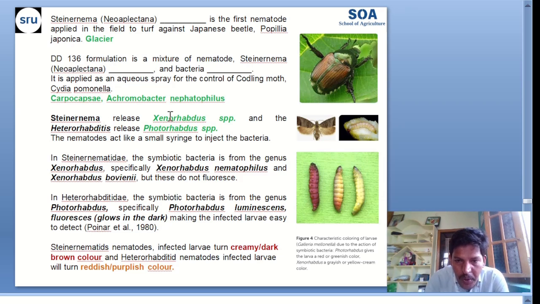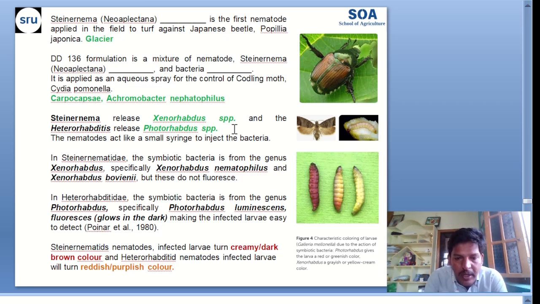Steinernema nematodes release Xenorhabdus bacteria and Heterorhabditis nematodes release Photorhabdus bacteria. Therefore, these nematodes act like a small syringe to inject the bacteria into the host. In Steinernematidae, the symbiotic bacteria are from the genus Xenorhabdus, specifically Xenorhabdus nematophilus and Xenorhabdus bovienii, but these bacteria do not fluoresce.